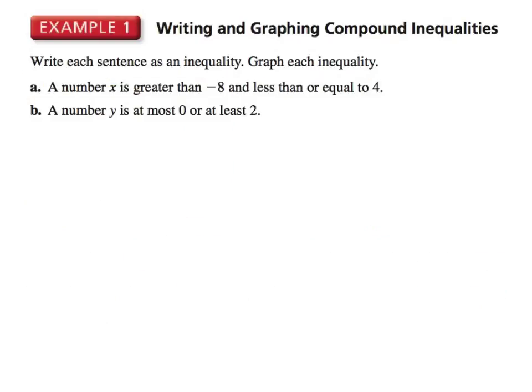So in example 1, we're going to write each of these as an inequality, and then we're going to graph them. So in A, a number x is greater than negative 8 and less than or equal to positive 4. Well, that means it's between. So x is greater than negative 8 and x is less than or equal to 4.